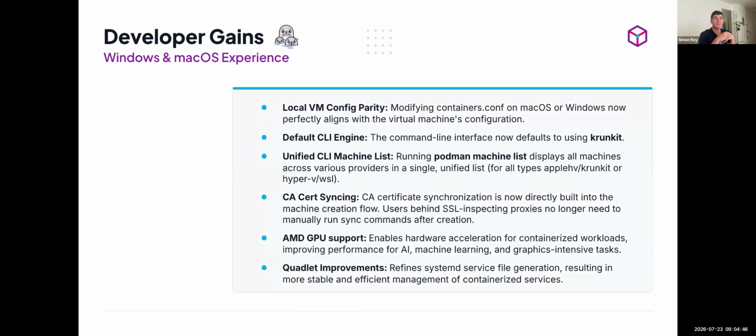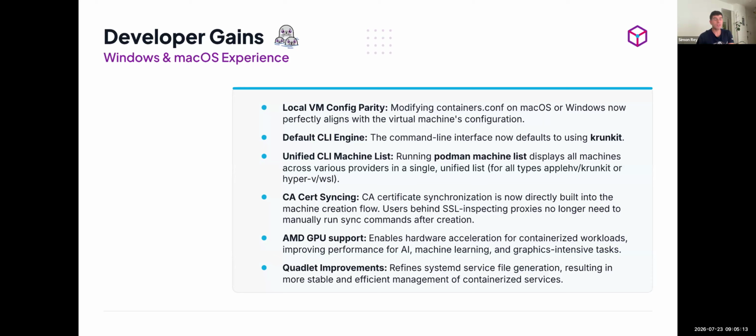So this release has many improvements for your developer experience. Once again, most of this is thanks to the Podman team's work on the 6.0 engine. And we are bringing it to your local environment with Podman Desktop. So here is what you will get. First, you will get local Podman machine config parity.